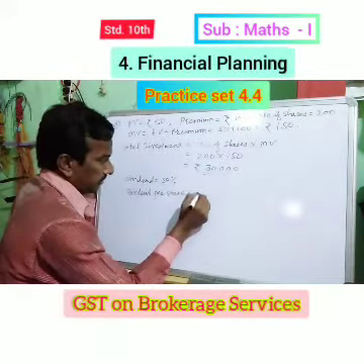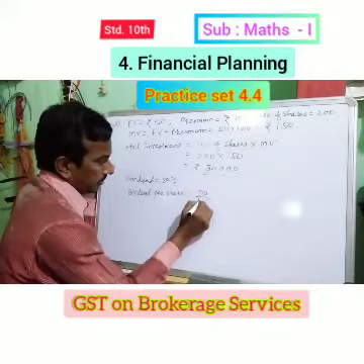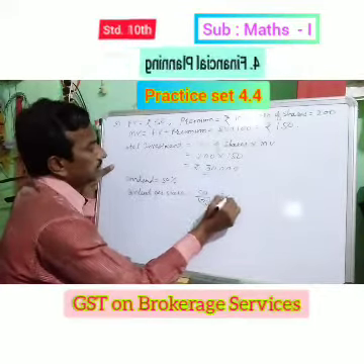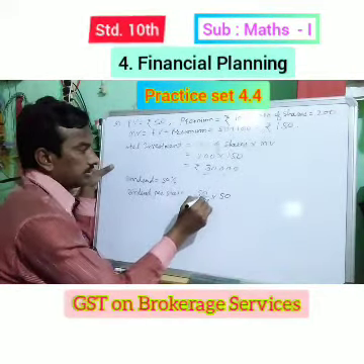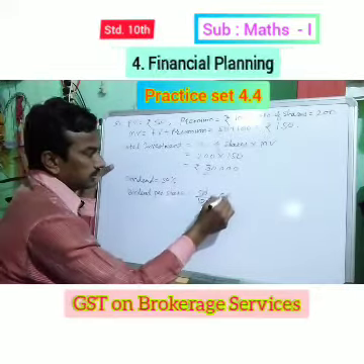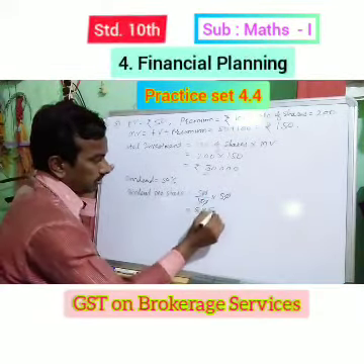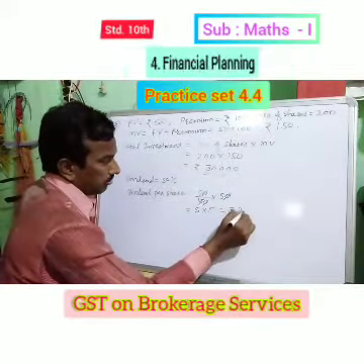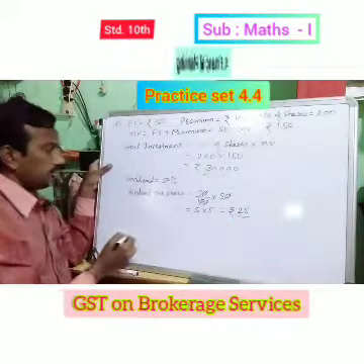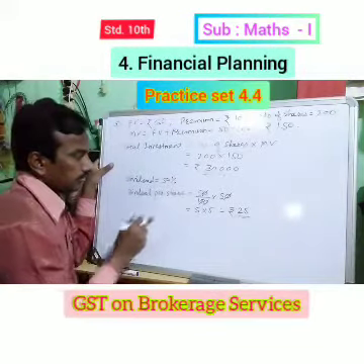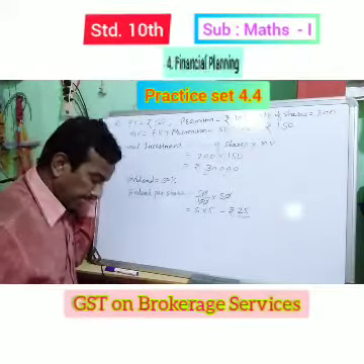Rate of dividend is 50% of face value rupees 50. This 0 cancels, this 0 and this 0 get cancelled, means remaining 5 into 5, that is rupees 25 dividend will receive after 1 share.